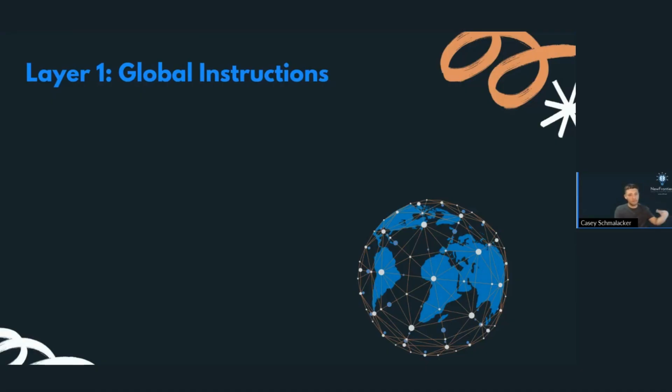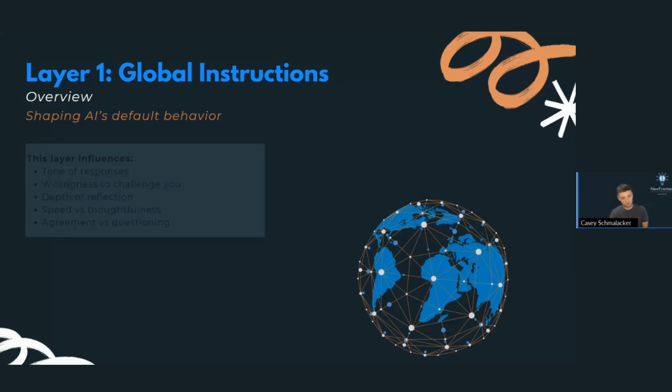So layer one are these global instructions. These global instructions shape AI's default behavior. If you plug in no global instructions, it is going to just be the base ChatGPT's design default behavior. But you can actually adjust those default behaviors to tailor to what's going to benefit you most.